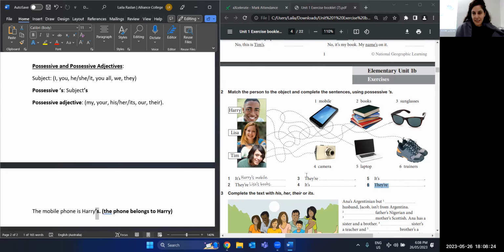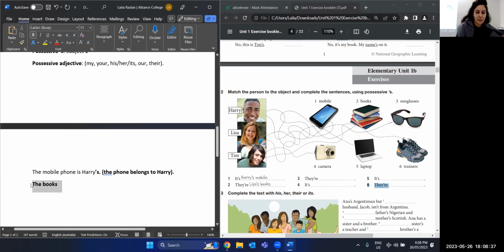The second one, they're Lisa's books, or the books. How can we put that in another way? The books, that's plural. We do not want to put this because it's plural. So the books, there are many books.